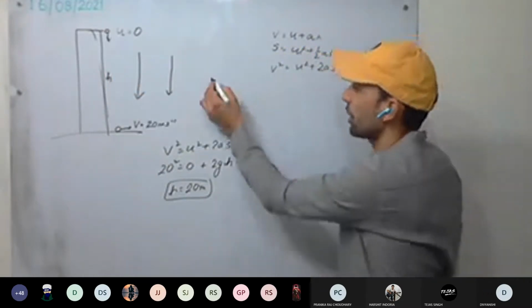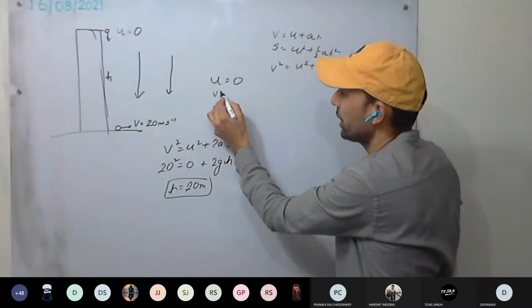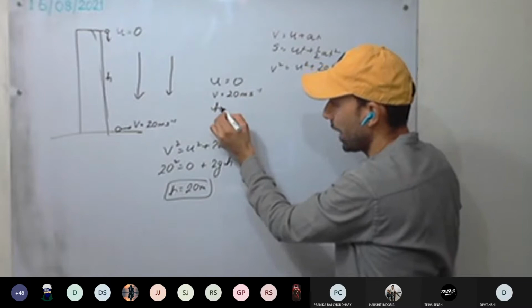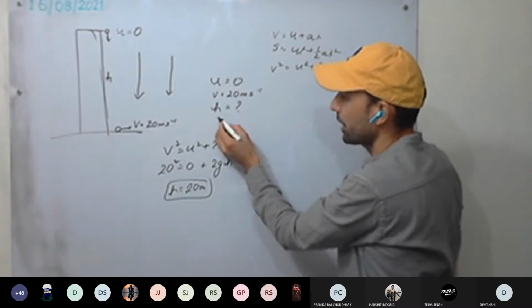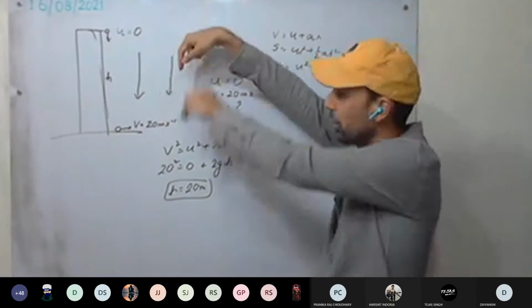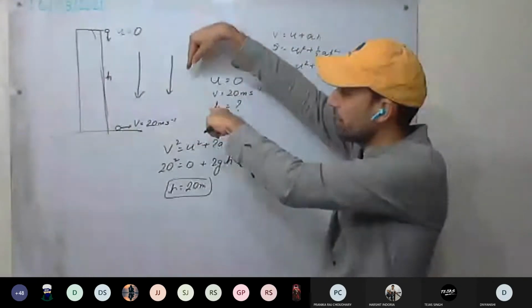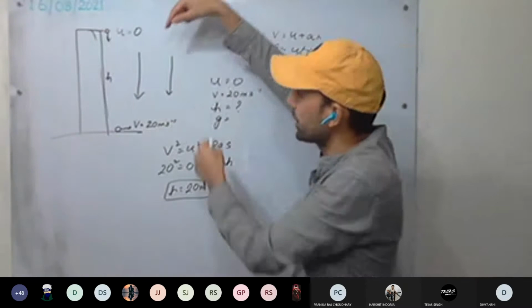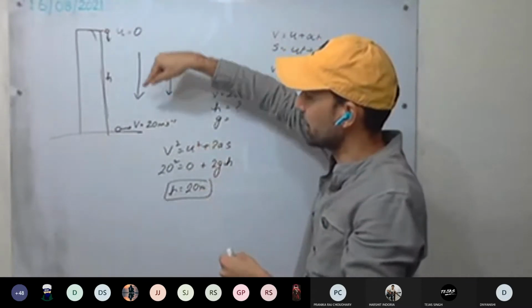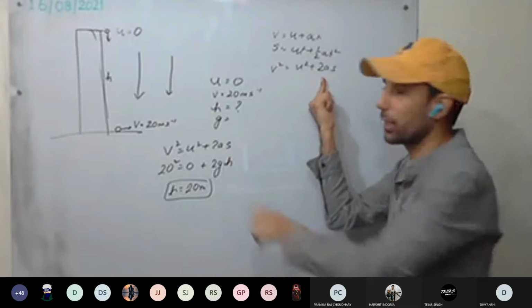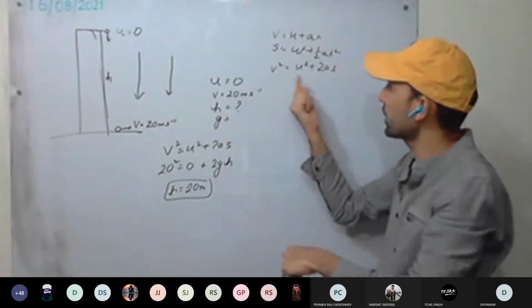So what all parameters you have? u you have, v you have 20 meter per second, h, that means s, you have to calculate, and g is given. Motion in this direction, the body's acceleration due to gravity will be also in this direction. So same direction. It means acceleration is there. So plus will take, because gravitational force is always towards the center of the earth.